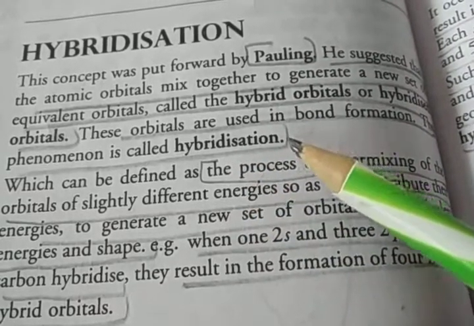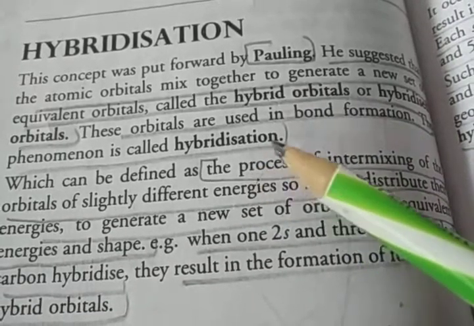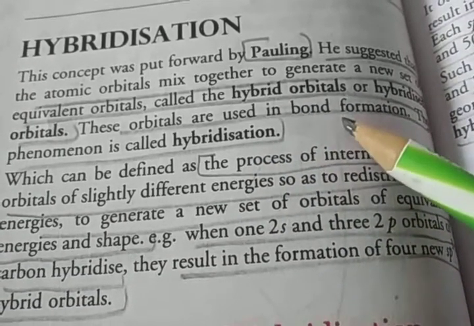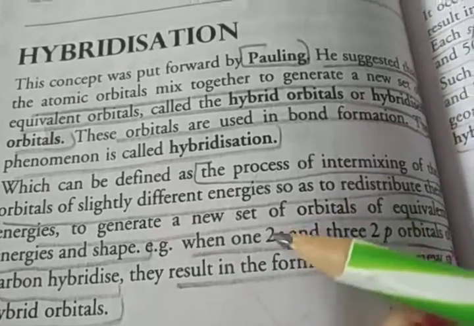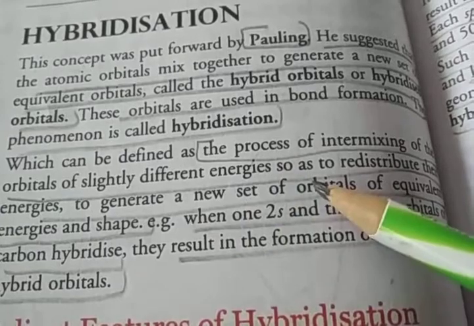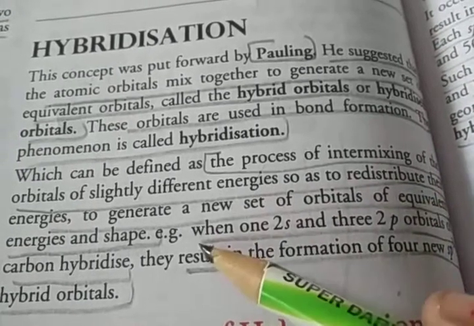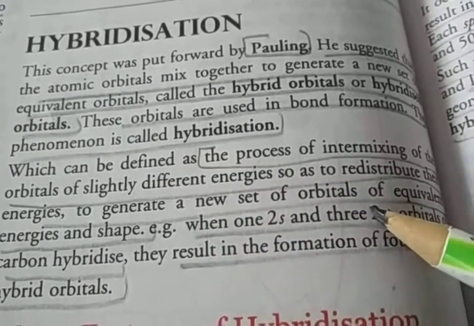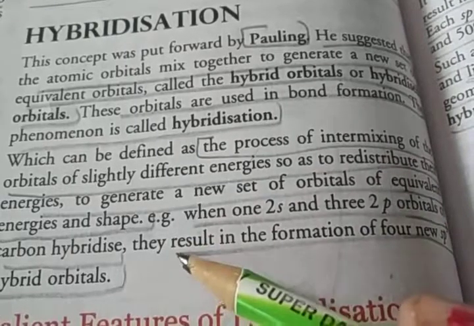Okay, and it is used in bond formation, and this phenomenon is called hybridization. Clear? So it is the process of intermixing of orbitals of slightly different energies, redistributing the energies to generate a new set of orbitals of equivalent energy and shape.